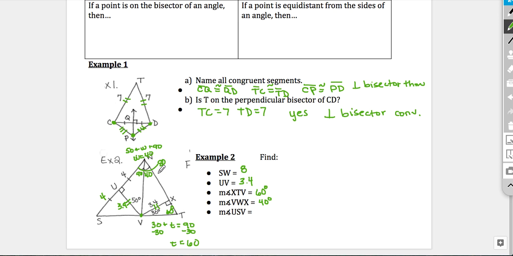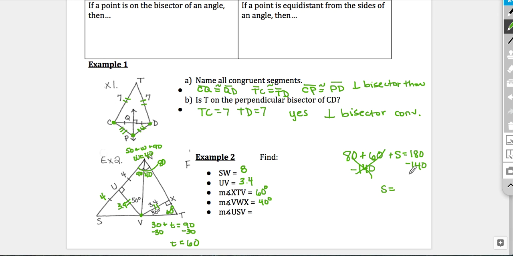And all triangles, even though it's made up of many smaller triangles, all triangles add up to 180. So if I know that this angle T is 60 and W is 80, I can find angle S by using that angle sum theorem. I'm going to say 80 plus 60 plus S equals 180. Then I will subtract 140 from both sides so that it cancels out both of these.